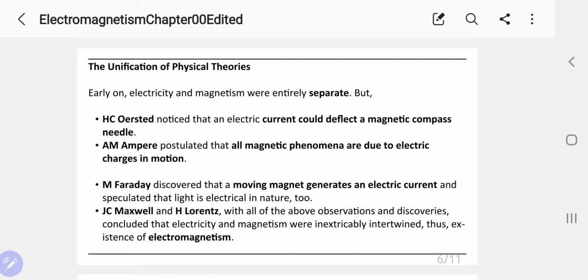However, it was J.C. Maxwell and Henry Lorentz, with all of the above observations and discoveries, who concluded and packaged that electricity and magnetism were inextricably intertwined. Thus, we now have electromagnetism.